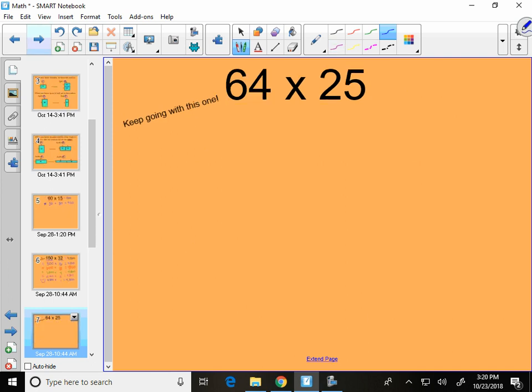All right, let's try this one. I am not going to cut 25 in half because that would be 12 and a half, which is weird. So I'm going to double this one. And if I double one, I got to cut the other one in half. Okay, I don't think this is very easy to do in my head. And I don't really think this is very easy to do in my head.